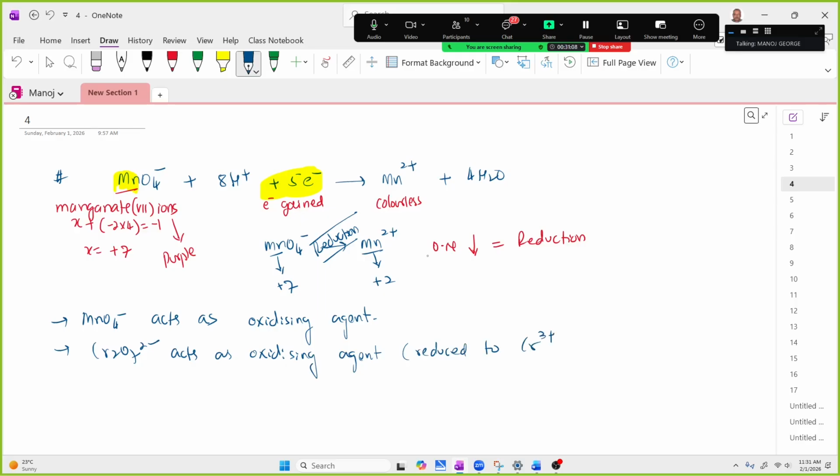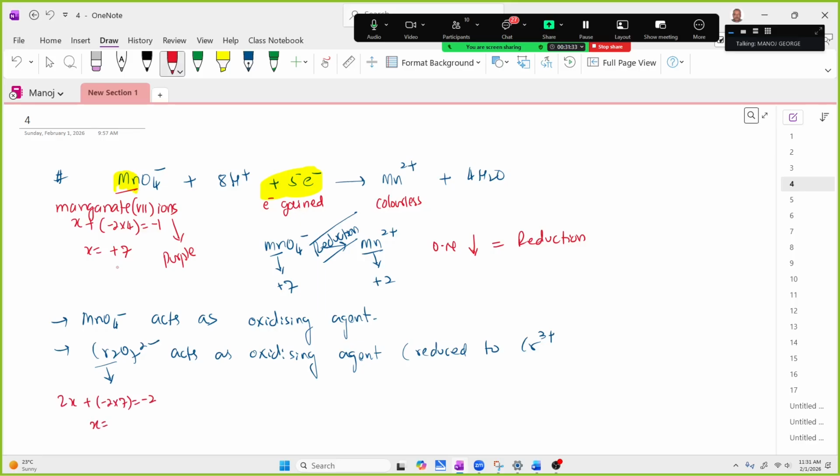So very quickly, can you figure out the oxidation number of chromium here? In Cr2O7 2 negative, can you write down the oxidation number of chromium very quickly, please? Take chromium as X. So that's basically 2X plus negative 2 times 7. The whole thing is equal to negative 2.